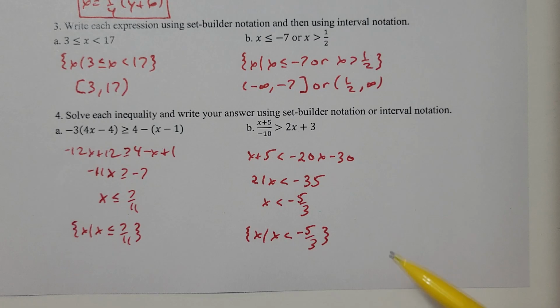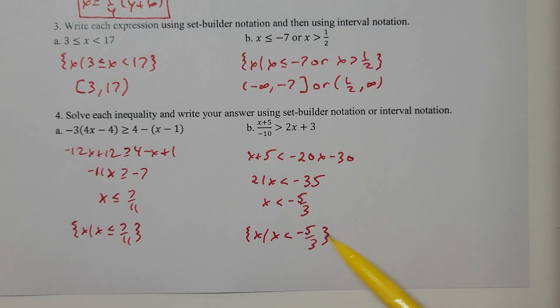We're dividing by a positive number, so we don't flip the sign there. You only flip if you multiply or divide by a negative. -35 over 21. 7 goes into both those numbers. 7 times 5 is 35, 7 times 3 is 21. It'd be -5/3. So x is less than -5/3.